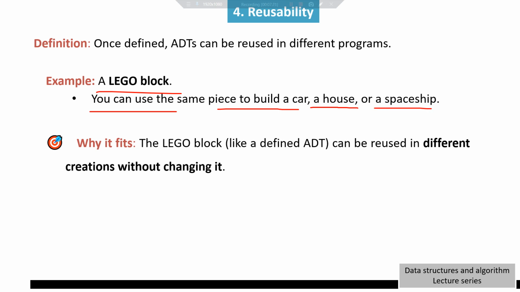So similarly, in computer science, you can define some function, let's say a sum function, which can add multiple arrays, a single array, or add matrices, likewise. So one function can be reused in different programs.